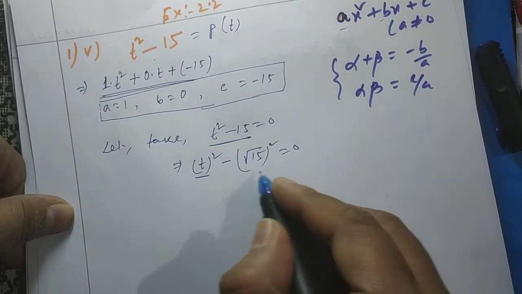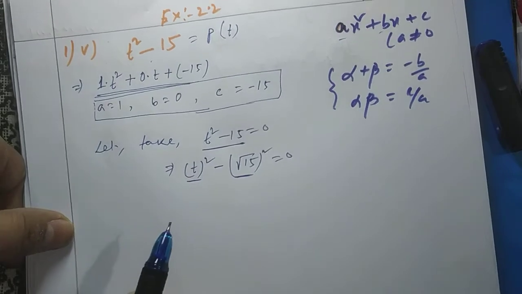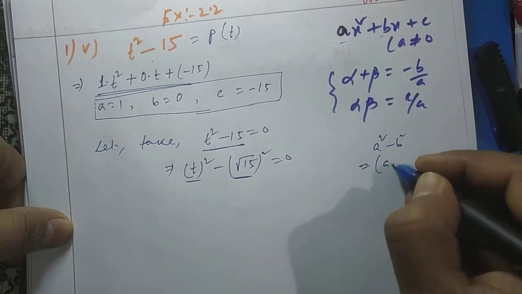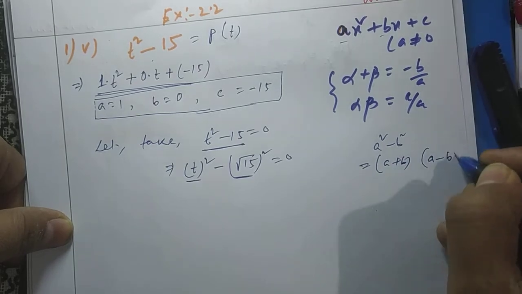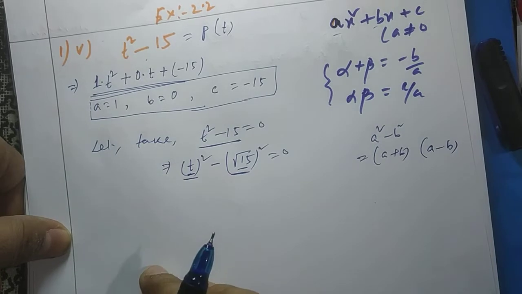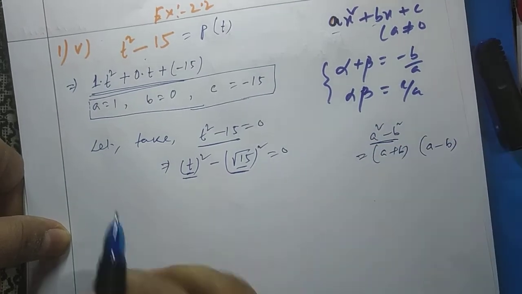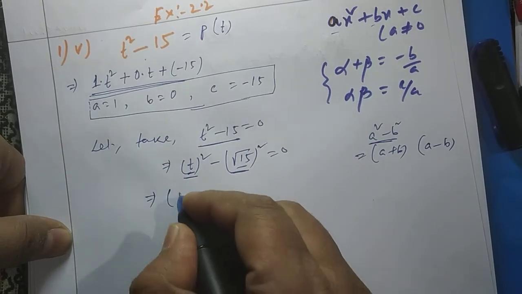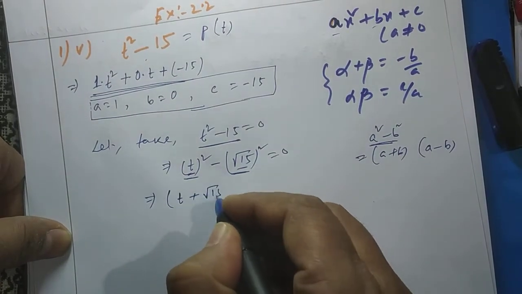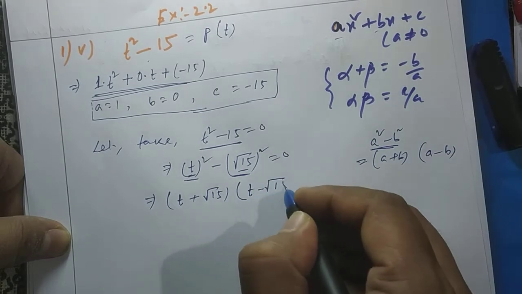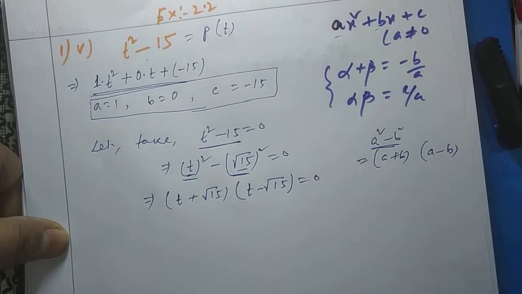Now we are getting the formula of a square minus b square, which is a plus b into a minus b. So here it is a, it is b. Now simply using the formula, it becomes t plus root over 15 into t minus root over 15 equal to 0 as it is.